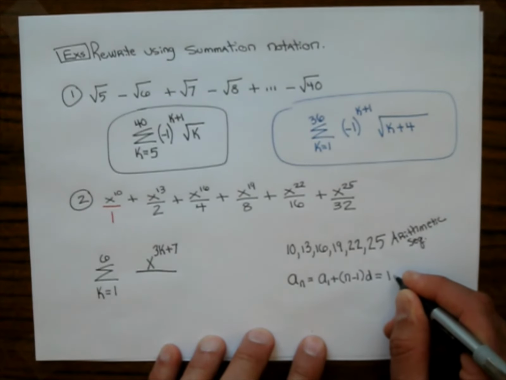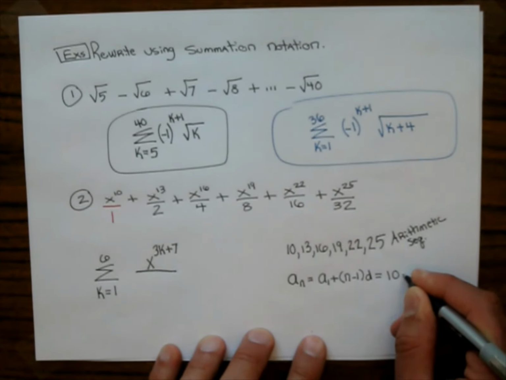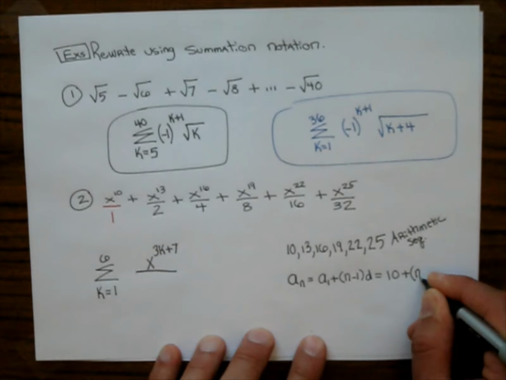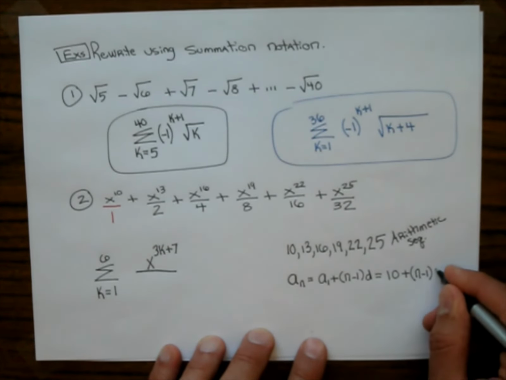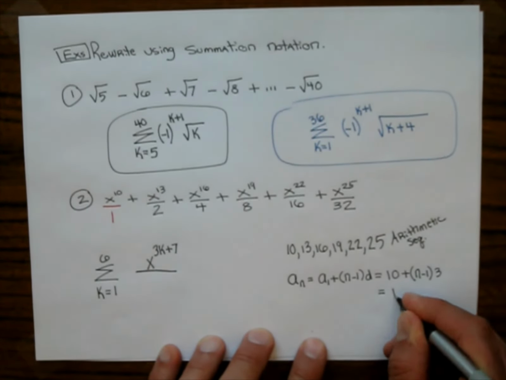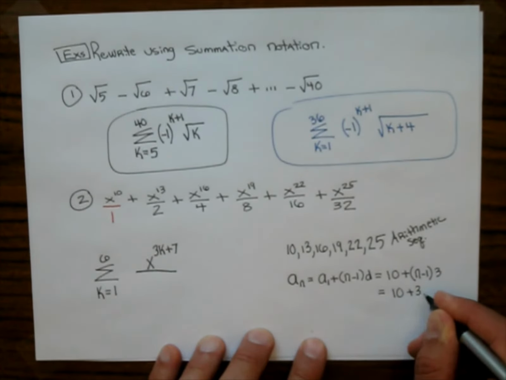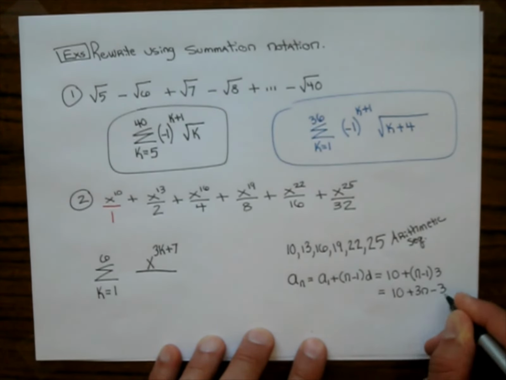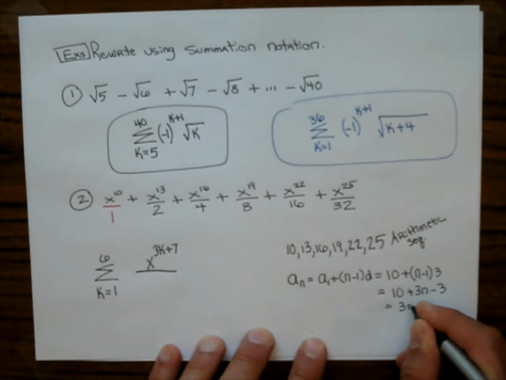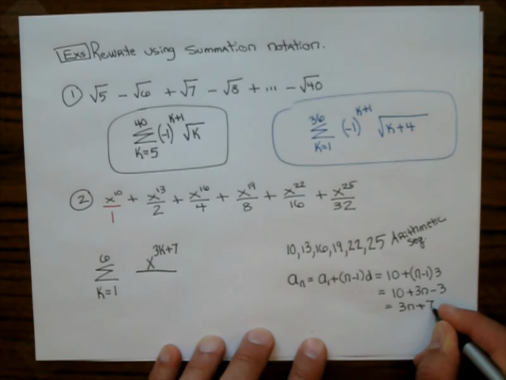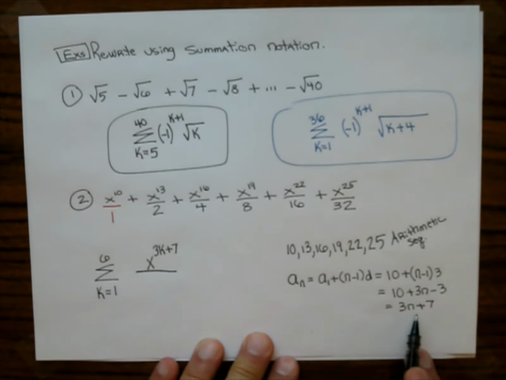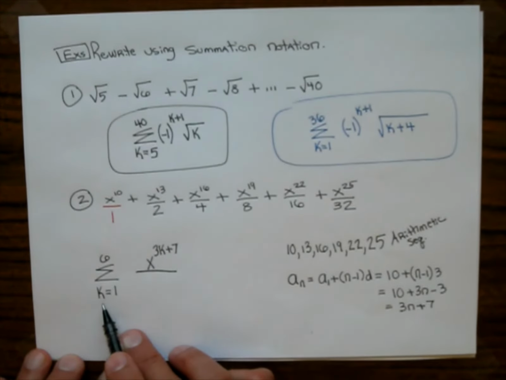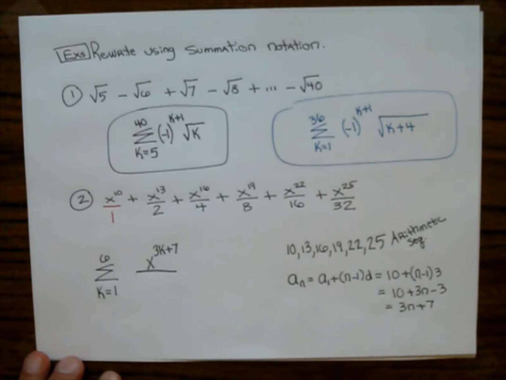So this is 10 plus n minus 1 times d, which is 3. So this gives me 10 plus 3n minus 3. This gives me 3n plus 7. And of course, our n is not really n. I mean, we chose k, so that's what we have there.